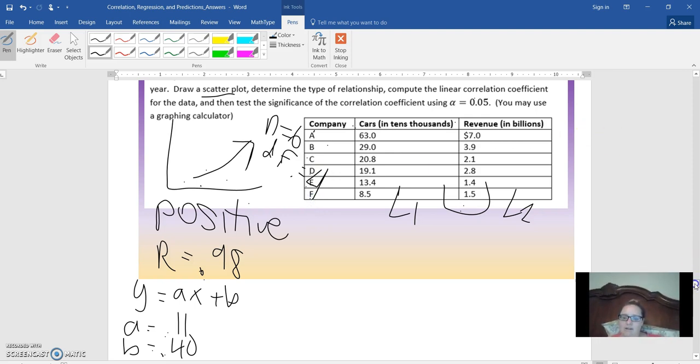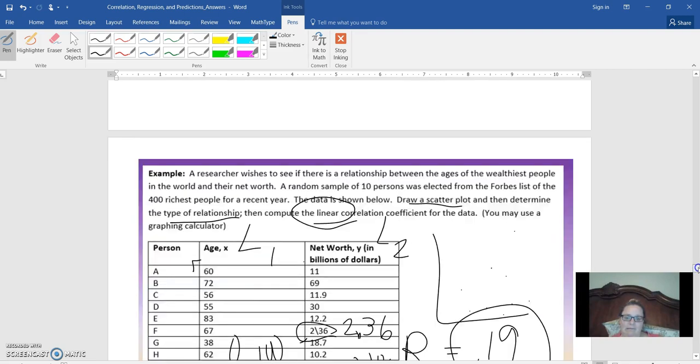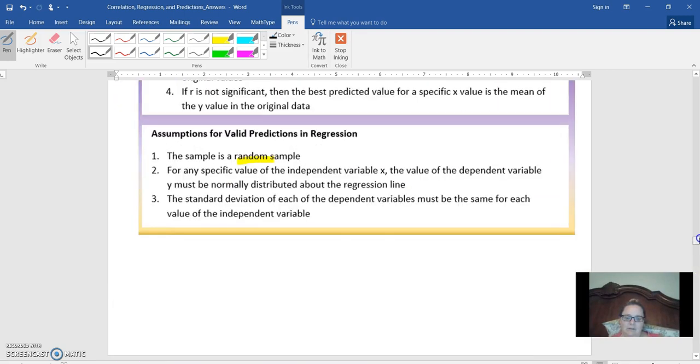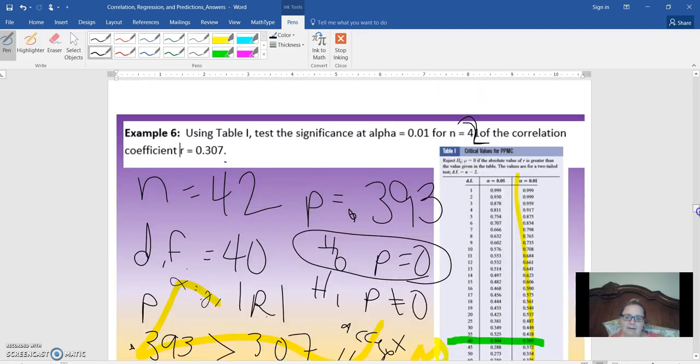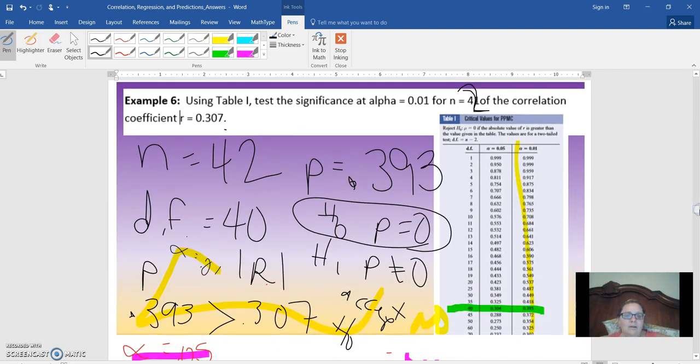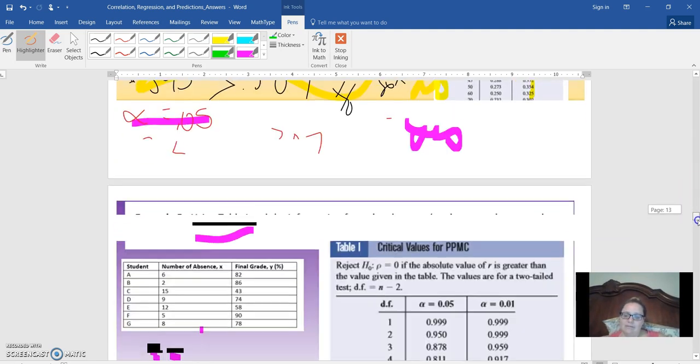For 0.05, I need to use Table I. There we go. Table I, and 4, 0.05. So I get 0.811.